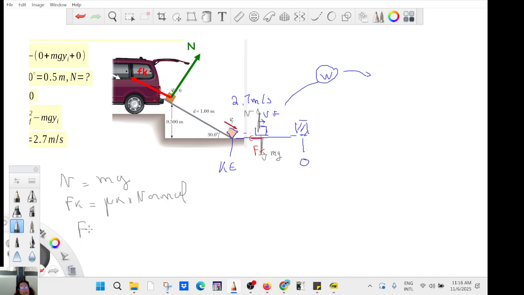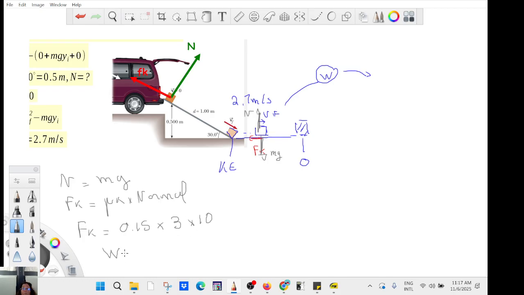The coefficient is 0.15. So 0.15 times up equals down, so normal equals the weight. So 3 times 10.